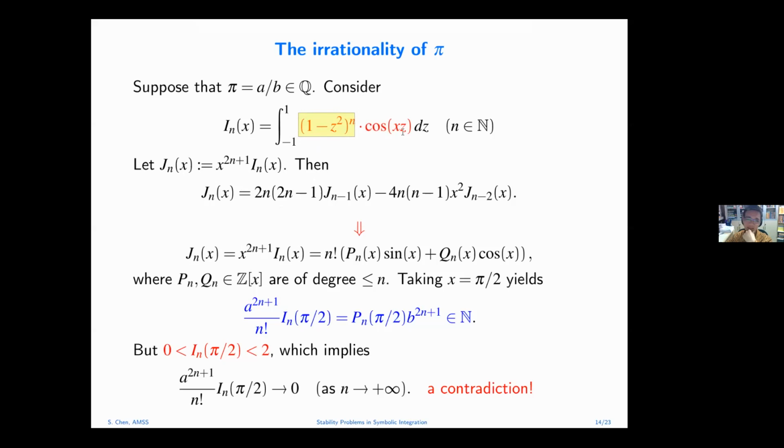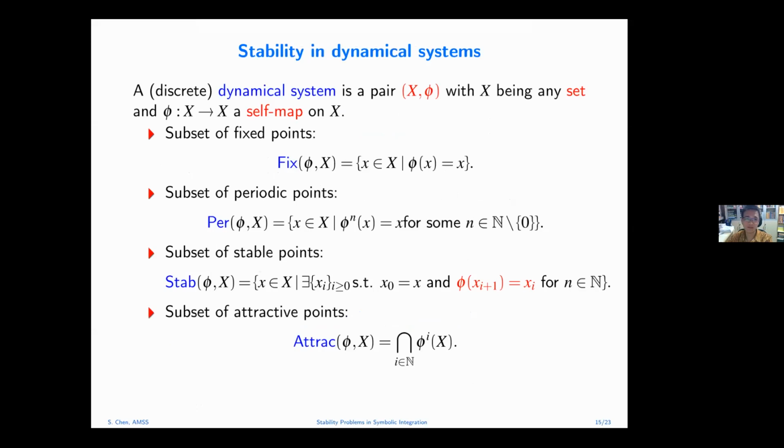Actually, you get cosine, sine, and so on. And then I was curious about which kind of functions you can integrate like this. Sure, you can guess that the polynomial is definitely stable in this sense, and sine, cosine definitely, and exponential is also. For log, you need to check a little bit whether log x, integrated infinitely many times, still gives an elementary function. So this is roughly the idea of the stability problem.